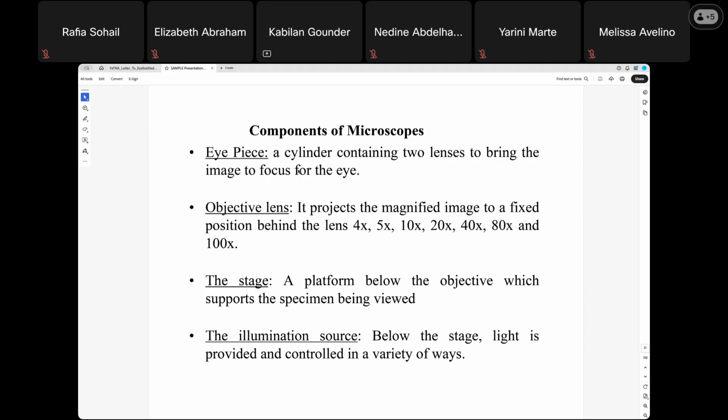The illumination source is the light source. Below the stage, the light is provided and controlled in a variety of ways. That is another important component attached to the microscope.